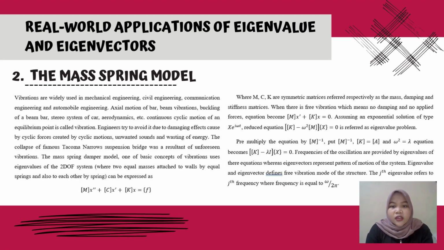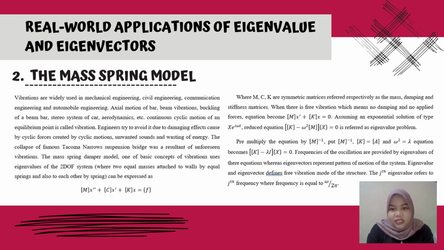Assuming the exponential solution of type x e power of i omega t, the reduced equation is referred to as an eigenvalue problem. Pre-multiply the equation by M power of -1, and it becomes K is equal to A, and omega squared is equal to lambda. The equation becomes like that.